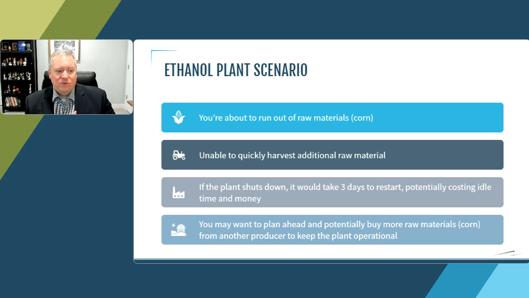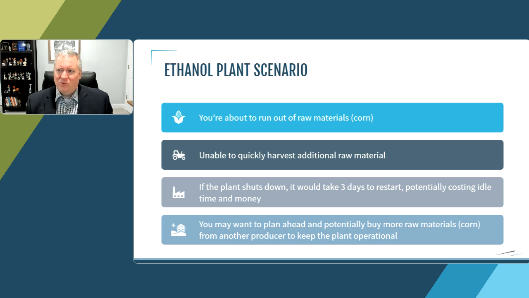If we have to shut down the facility, or if we are going to run out of the raw material to keep it running, I've seen in some instances where it could take 3 days to restart the plant, potentially costing us idle time and resources.